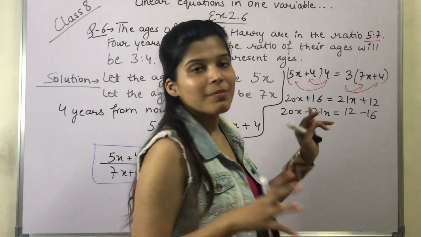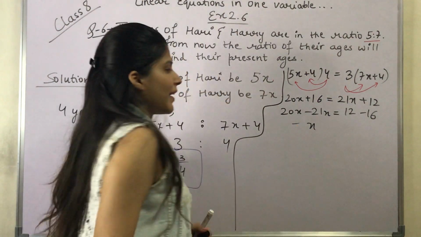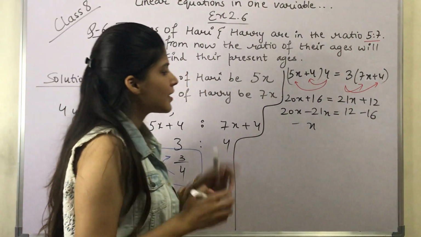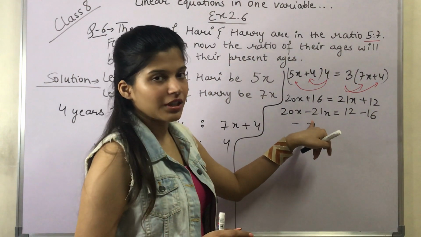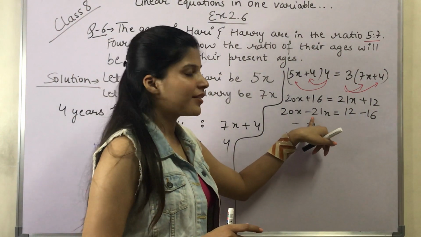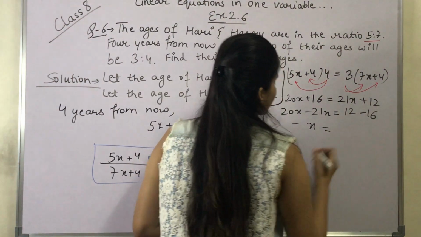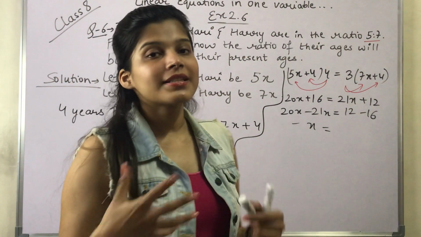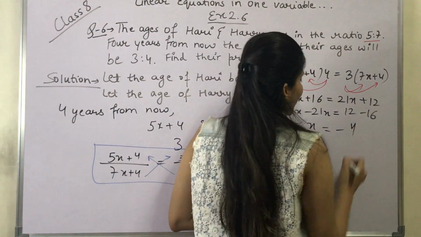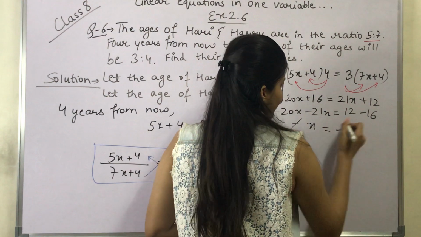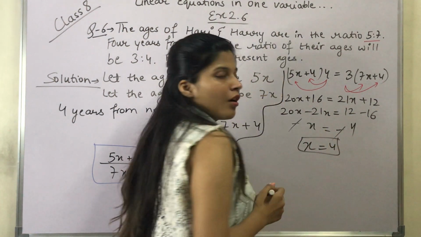So 20x minus 21x will be minus 1x, or we can say minus x, because 21 minus 20 is 1, but the sign of the bigger digit applies, and the bigger digit is 21, so that's why we use minus x equals 12 minus 16. Again 12 minus 16 is 4 but the sign will be negative, so minus 4. Now minus cancels minus, so the value of x comes out to be 4.